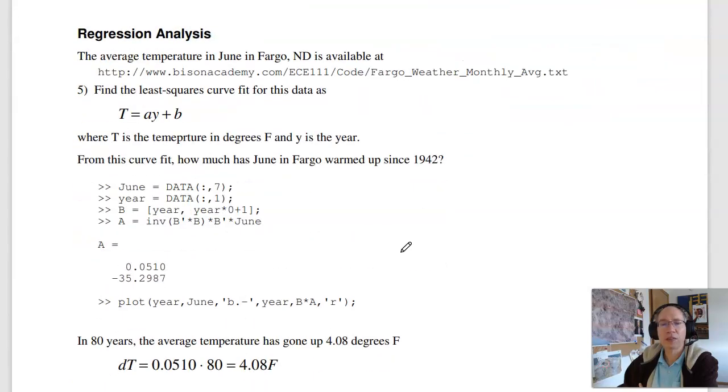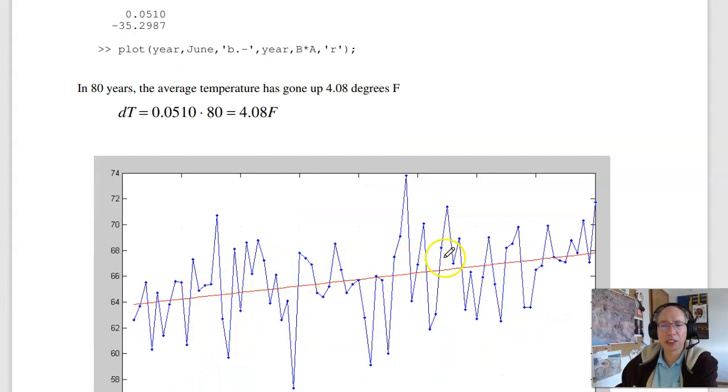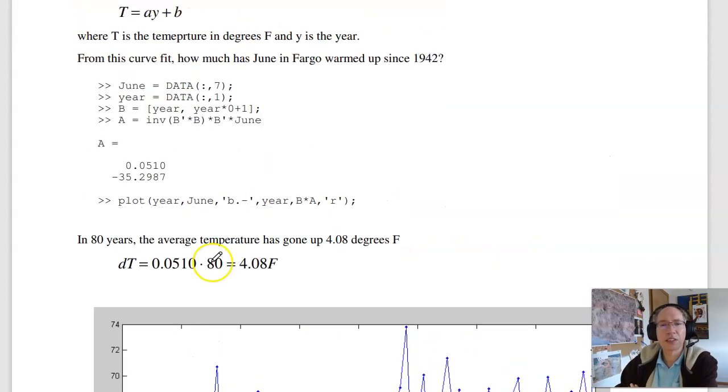Problem 5 is regression. If you go to this website, you can get the weather in Fargo since 1942. I'm taking the 7th column, which is June. If I plot temperature versus year, that's what Fargo's been doing. Do a linear curve fit. That's trending analysis. So what I do is I set up the basis. The basis will be year and 1.